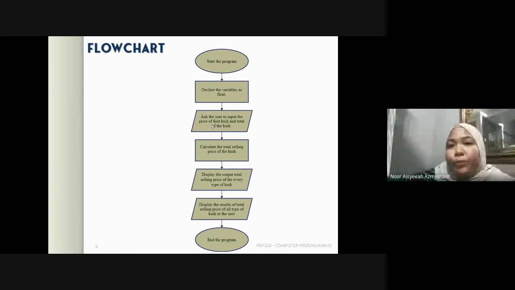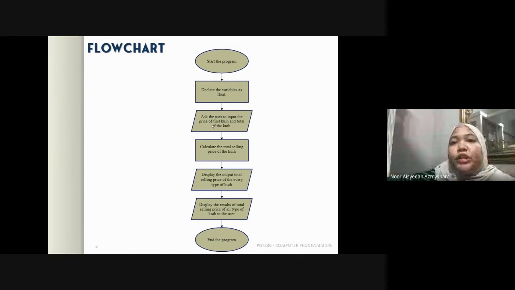And then after that, we continue with another process to calculate the total selling price. And then we display the output, putting in the price to display the result of the total selling price. And lastly, the oval for the end of the program.